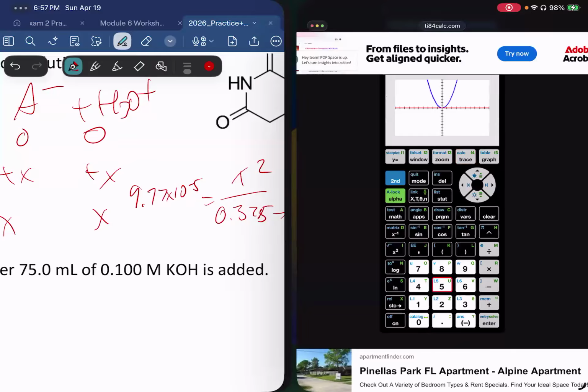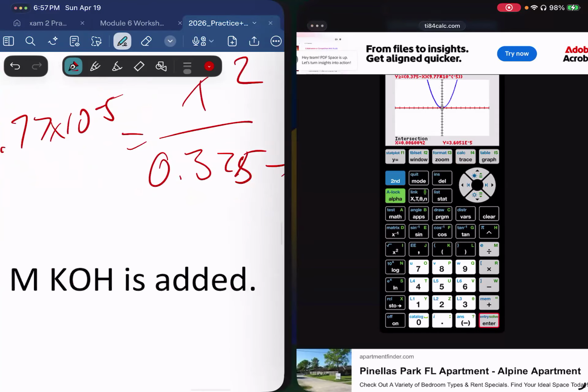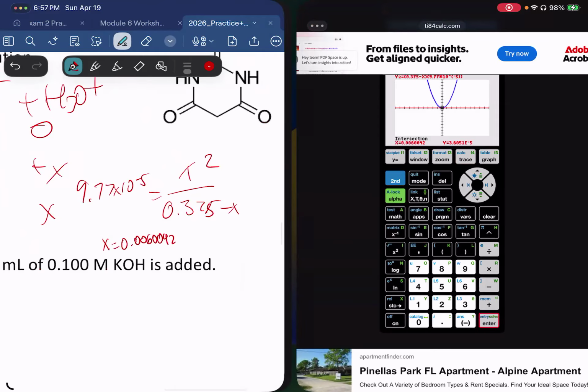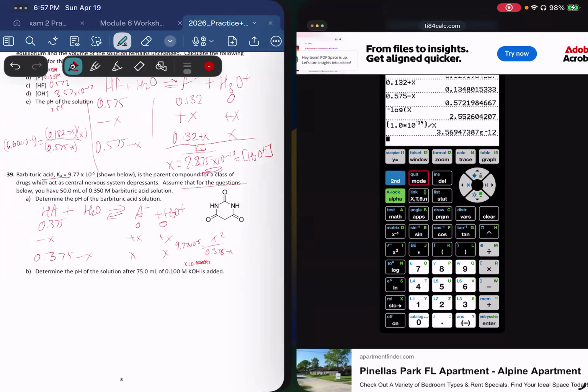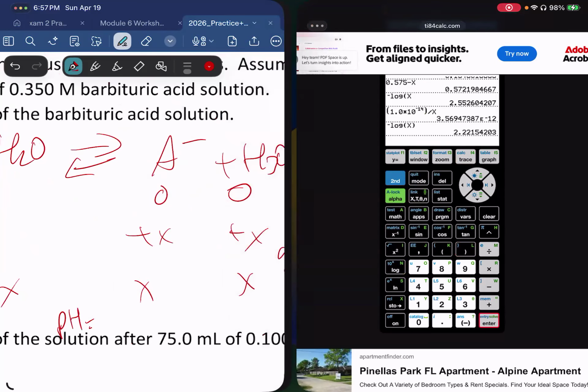Second calc, intersect, enter. We get this X value, X is equal to 0.0060042 or so. Second quit, negative log of X to get the pH. So the pH is equal to 2.22. All right, does that sound good? Let's see.